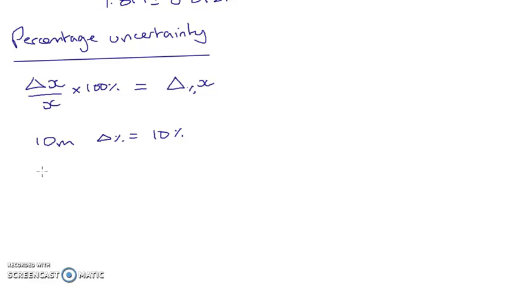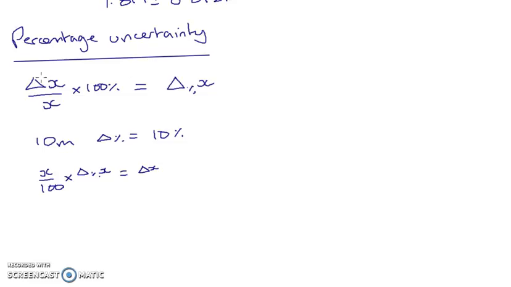So in this case, we need to take our value, divide it by 100, and then times it by your percentage uncertainty. And that will give you back your absolute uncertainty.